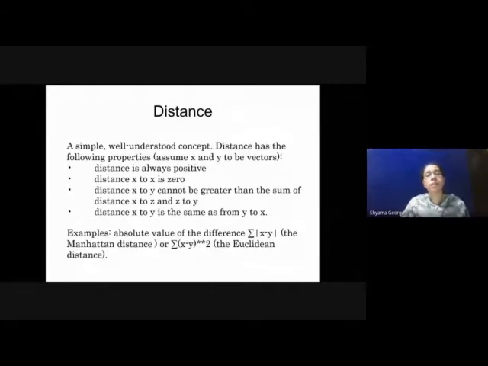Distance measures have some properties: distance is always positive, distance from x to x should be 0, distance from x to y cannot be greater than the sum of the distance from x to z and z to y, and distance from x to y is the same as distance from y to x. All these properties should be satisfied by the different distance measures.